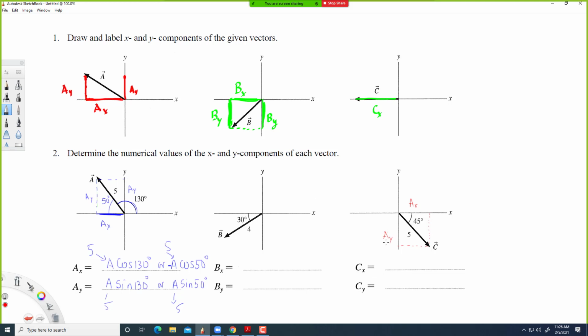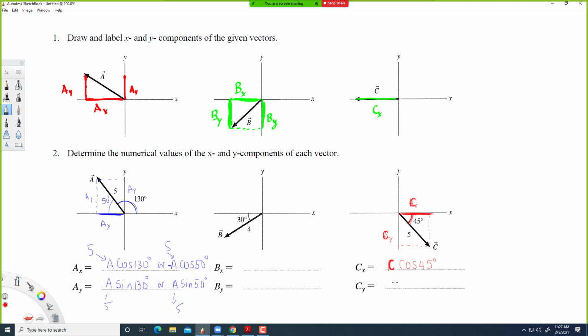Instead of writing ax and ay, here we are writing cx and cy because the vector is c. So let me write here c, just to use the same letter. So cx, we can choose this angle. So c, the length of the vector, times, for x component we use cosine 45 degrees. I don't use minus sign here because this x component is on the positive side.